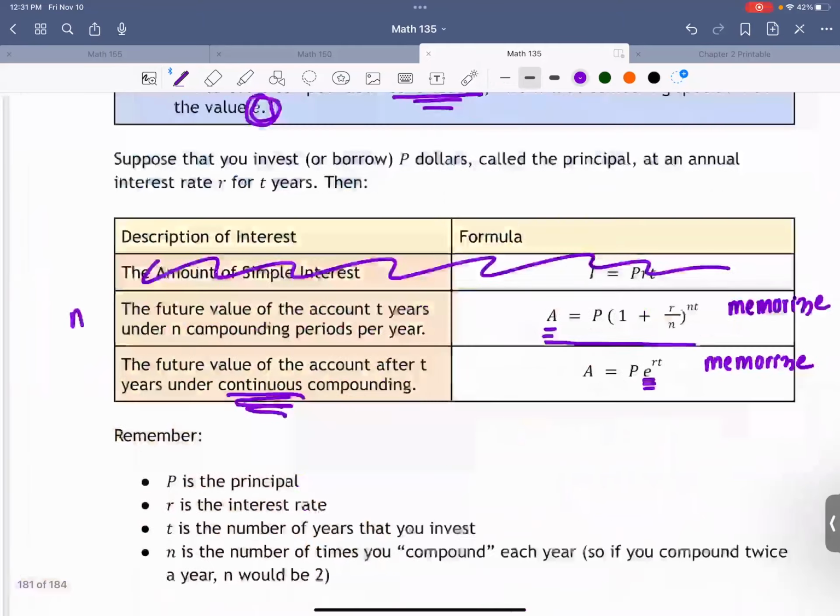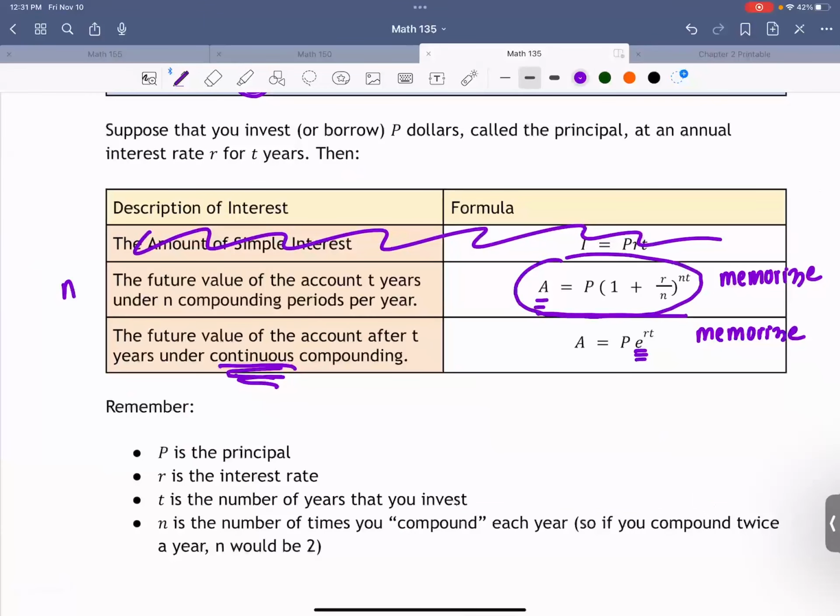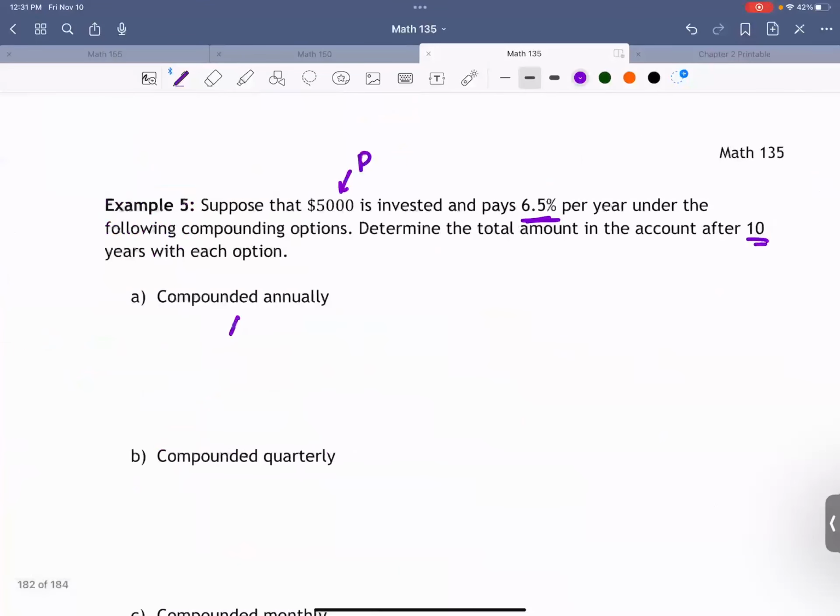So we're going to use this formula here, the P times 1 plus R over N to the NT. Let me write that out so I don't forget it. P times (1 plus R over N) to the NT. Okay. Whenever I have a formula with a bunch of different symbols in it, I always like to go on the side, write down my symbols and write what numbers they are so that when I plug in, it's just easier for me. If I don't do this, I end up making a mistake and it's not fun.